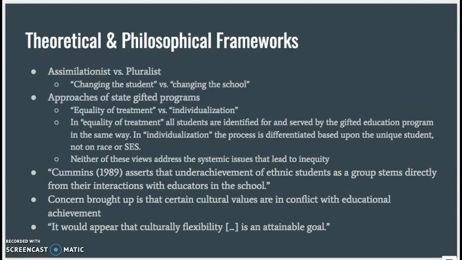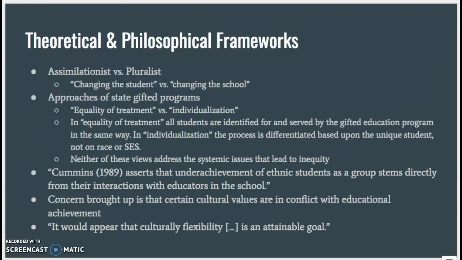Whereas in individualization, the process is differentiated based upon the unique student, but it's not based on their membership within certain racial or economic groups. Instead, each student is treated differently. Neither of these views addresses the underlying systemic issues that lead to inequity, so they may be seen as band-aids to promote academic achievement without actually fixing the issues that cause inequity, continuing to perpetuate those systems.